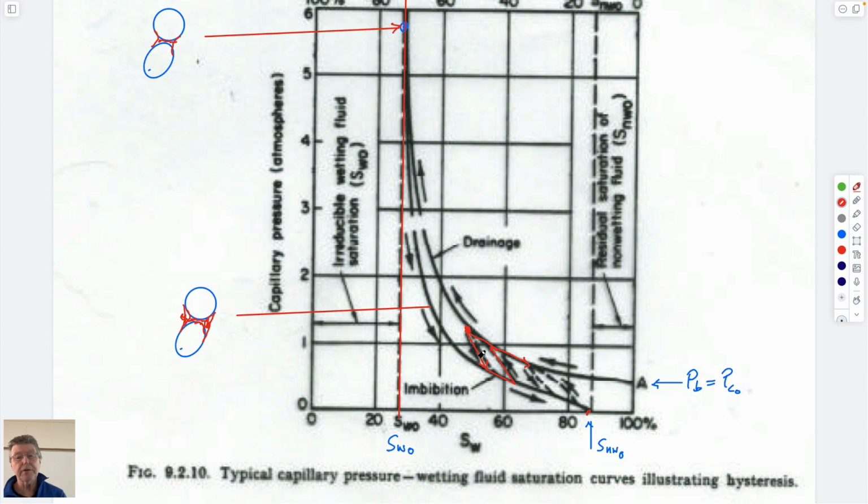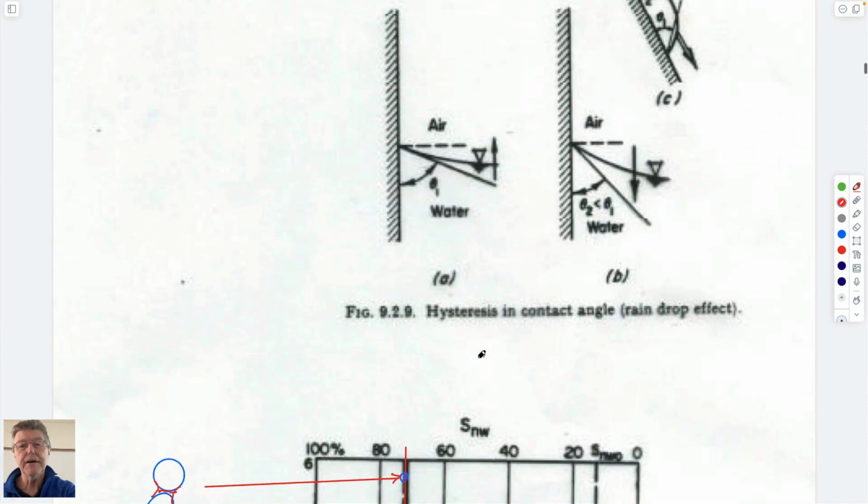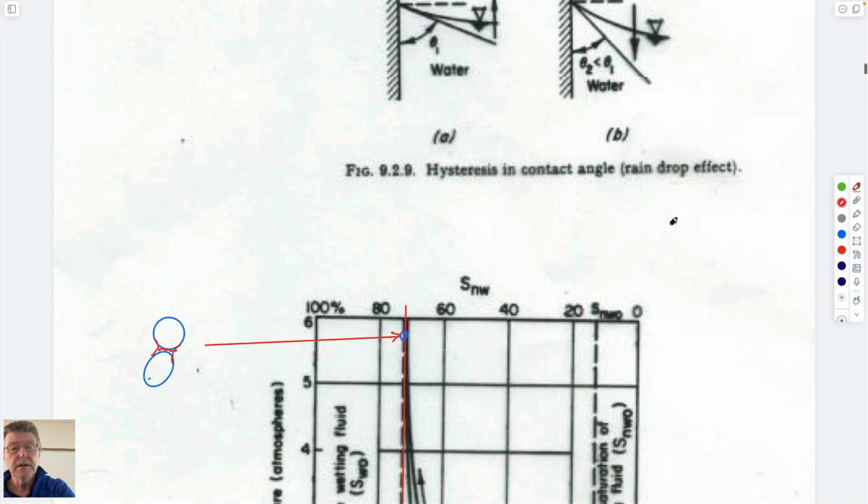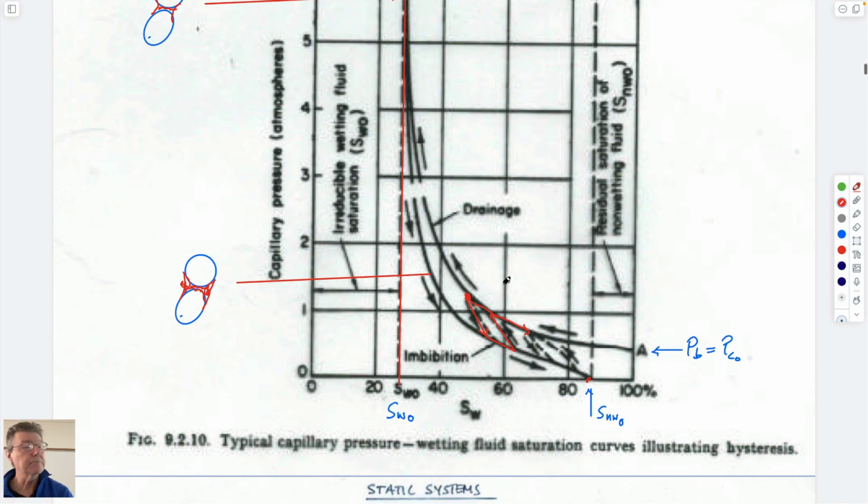So it's really quite a complicated system. We try to describe it in terms of single capillaries. Perhaps those are useful to understand the hysteretic behavior, because you could imagine a raindrop running down a windshield, and it matters whether it's been previously wet or newly wet, and it explains these processes.